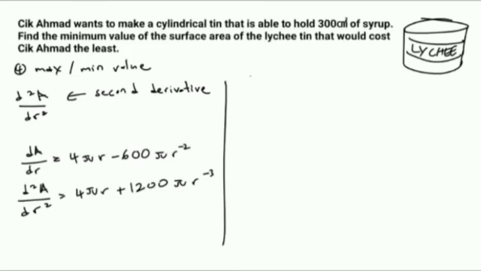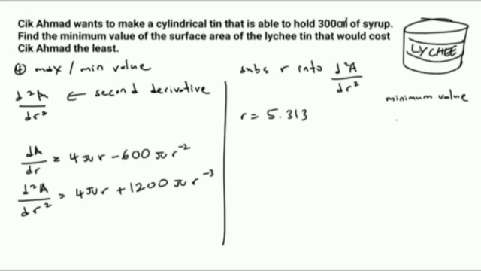Now, we need to substitute r into d squared A over d r squared, and we will get 5.313. If d squared A over d r squared is bigger than 0, that means the answer is a minimum value.